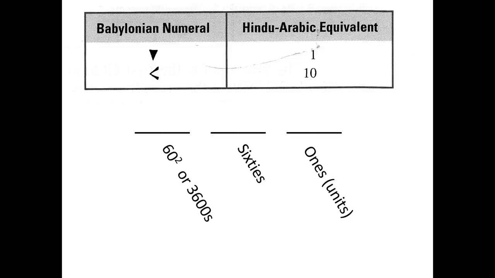If they had a group to the left of that, that would represent how many 60 times 60 times 60s there are. So just like in our base 10 number system, every time you have a grouping that moves to the left, that grouping represents a place that is, in this case, 60 times greater than the one just to its right.